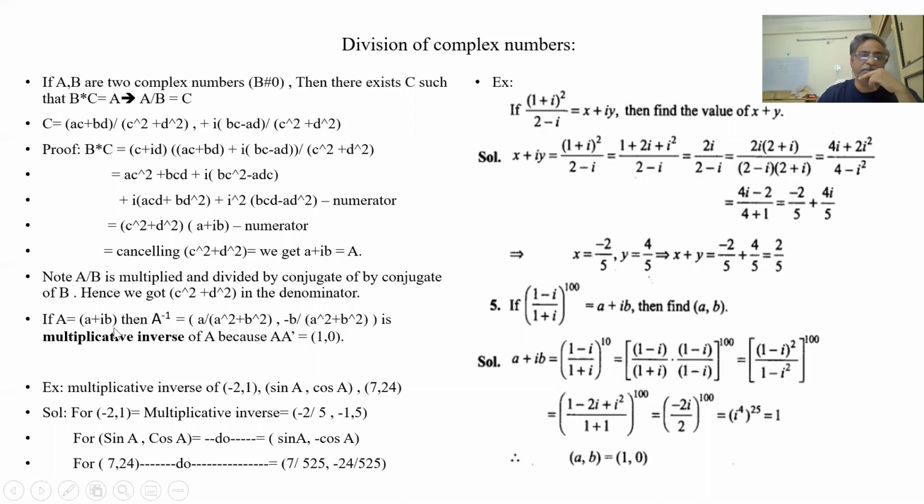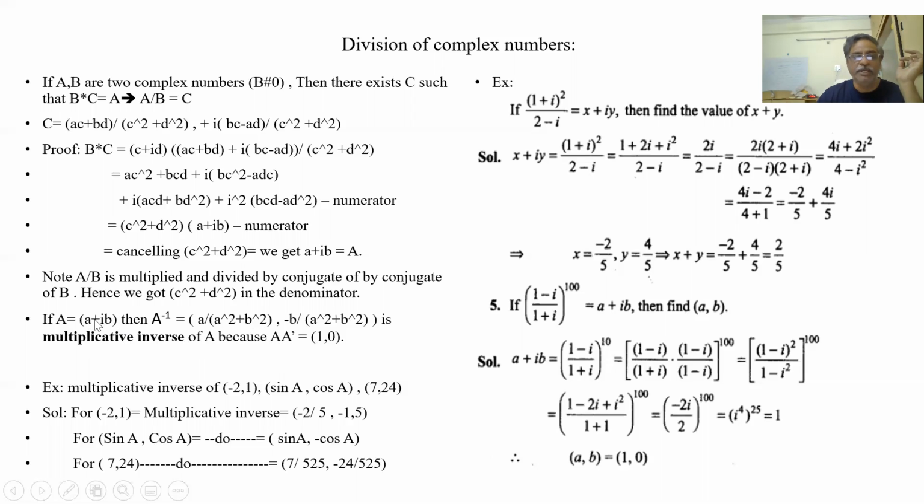Okay. Now, if A is A plus iB, then what is A inverse? A inverse means 1 by A plus iB, which can be written as A minus iB by A square plus B square. So A by A square plus B square minus iB by A square plus B square is A inverse. This is called the multiplicative inverse of A. What is the multiplicative inverse of A? 1 by A. So on both sides I am putting A square minus i square B square, that is A square plus B square, in the denominator.